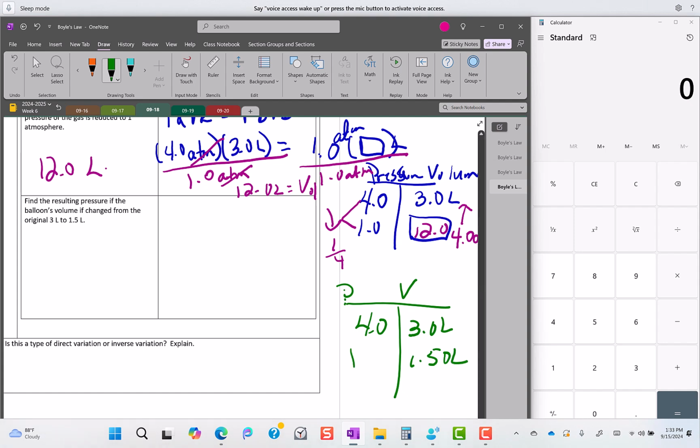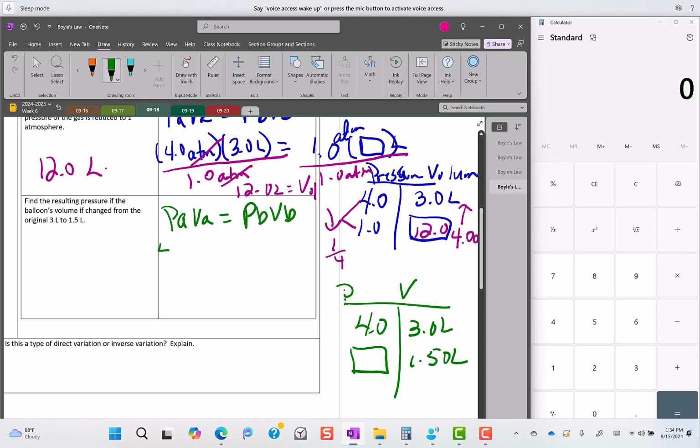They want to know what's going to happen to the pressure. Well, the volume went down by 1/2, so the pressure should go up. That's what inverse means: as one goes down, the other one goes up. I'm going to surmise that it should be about 8, but let's find out. So PA VA equals PB VB.